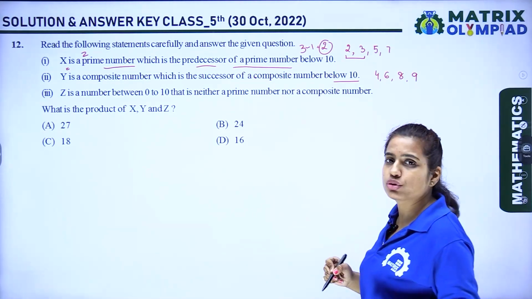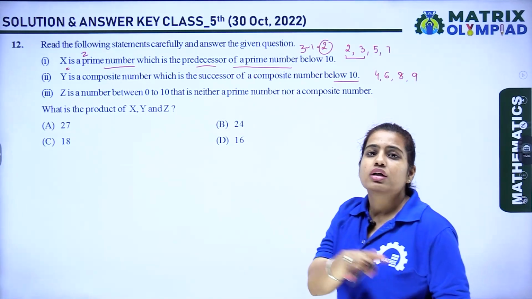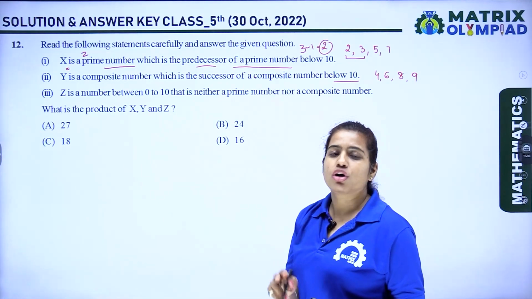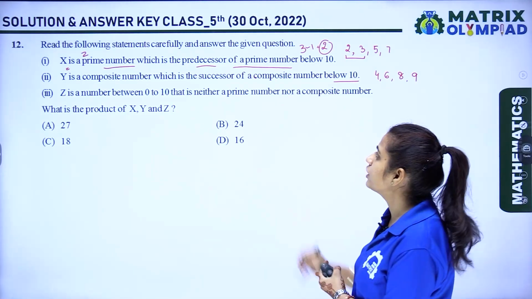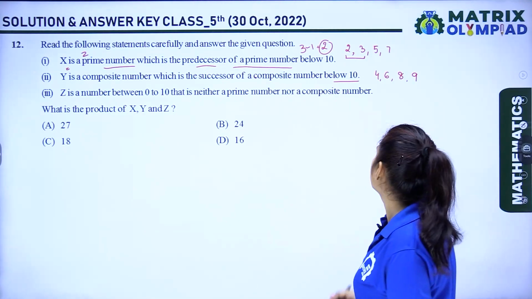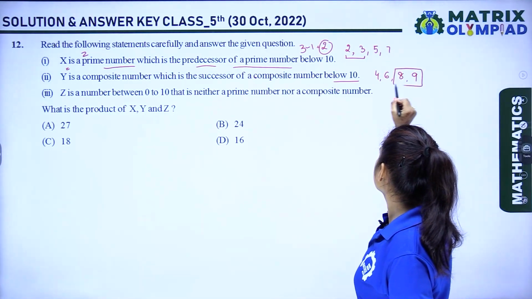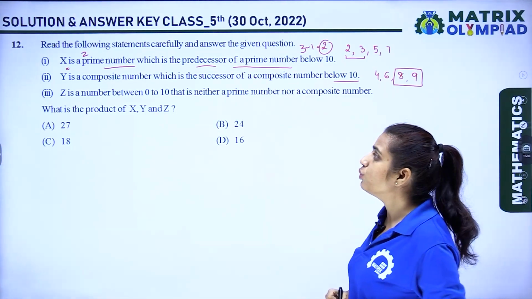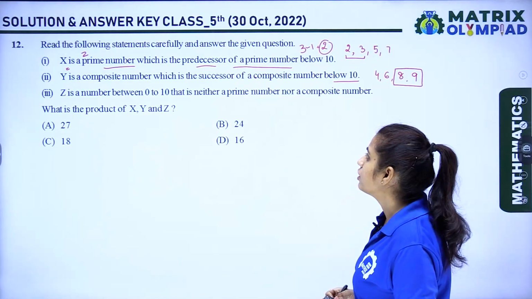These are the 4 composite numbers below 10. Now we have to find out 2 numbers back to back, or we can say consecutive composite numbers, because here we are talking about the successor. Successor means addition of 1. So here we are having 8 and 9, 2 composite numbers which are in the consecutive form.